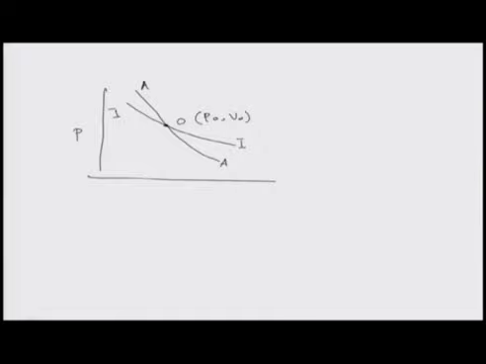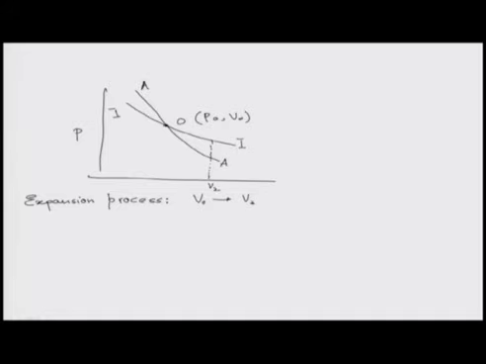Now, let us consider an expansion process. That means, from V naught I go to some V 2, which is here. Let us say this is my V 2.